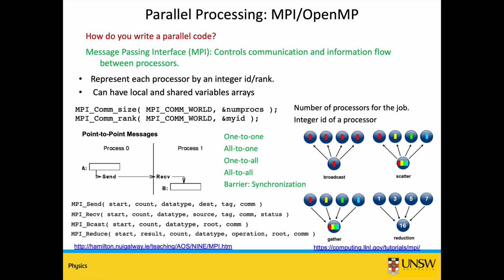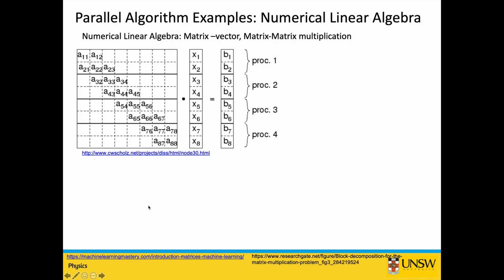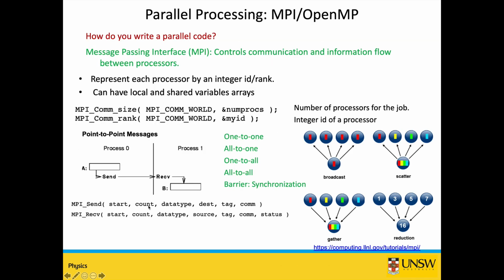And these are some particular MPI commands which can help you achieve some of these tasks. The point-to-point send and receive can be done through these first two commands. You have a start pointer, basically specifying which data you want to transfer in a particular chunk of memory, and count is the amount of data you want to transfer.